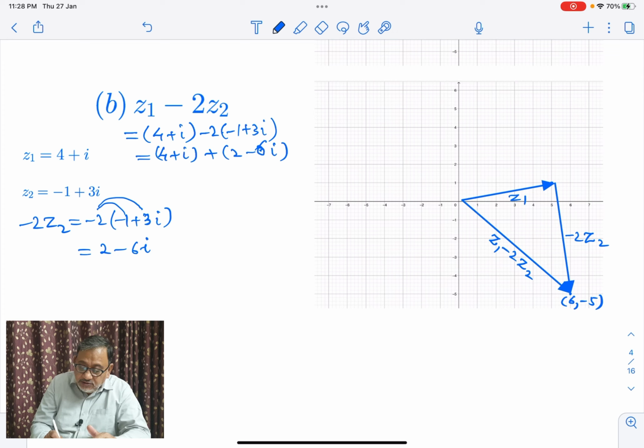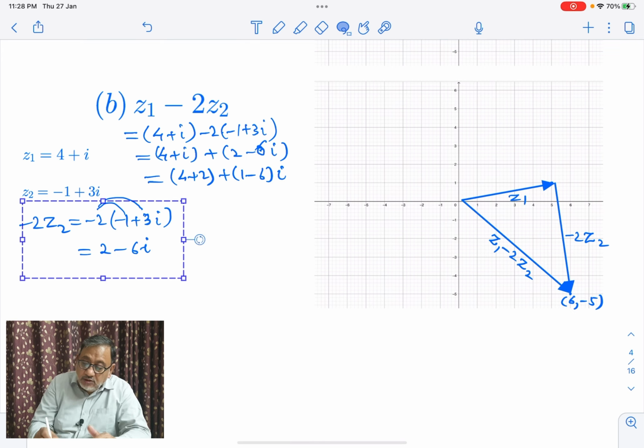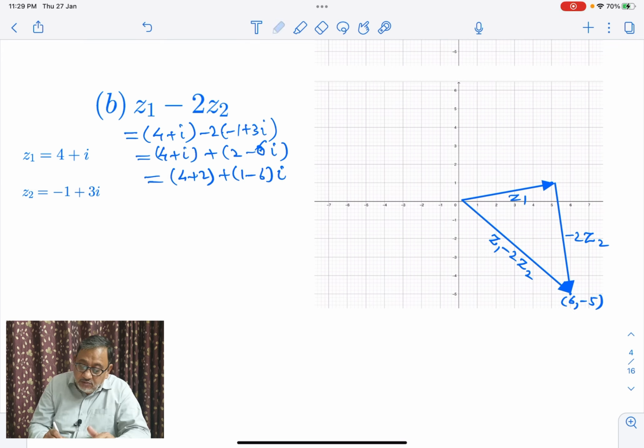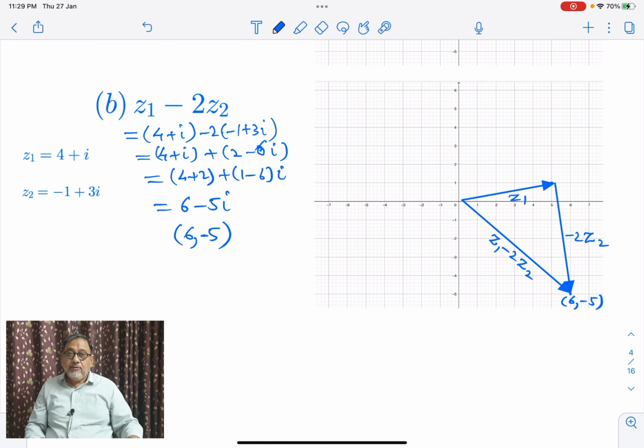So both the real parts together, 4 plus 2, and both the imaginary parts together. So like this I am getting z1 minus 2z2, which will finally be 6 minus 5i. You can guess that it is represented by the point 6 comma minus 5, which is correct here. I hope you will remember this, understand this, and try the other questions.